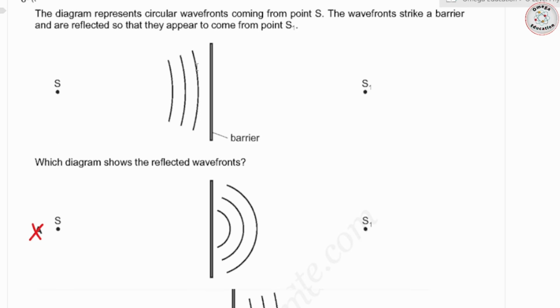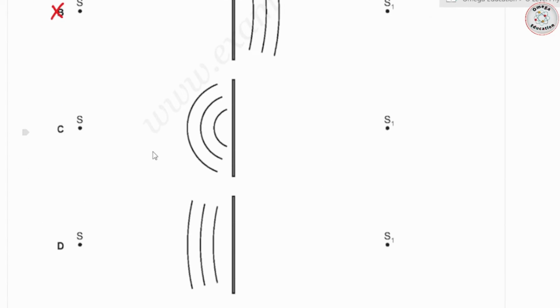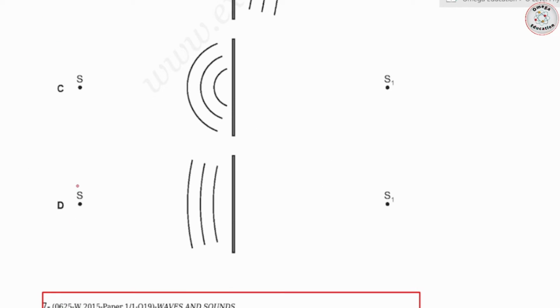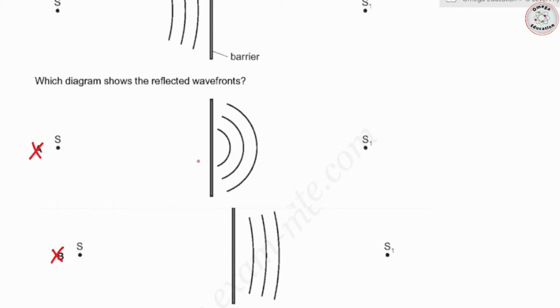So you see your wave is not too circular. It's pretty much a straight line, a little bit curved. So that one is consistent with option D. In option D, you have the wavefronts which look pretty much the same as the incident wavefronts.